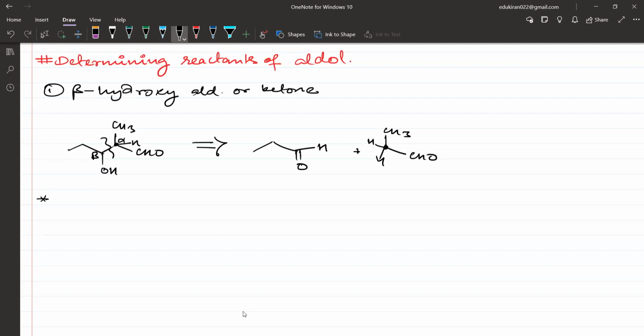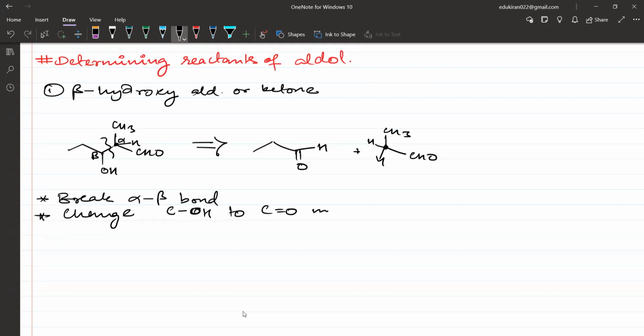Okay, so what are the steps? Break the alpha beta bond. You need to change the C-OH to C double bond O on the beta carbon.